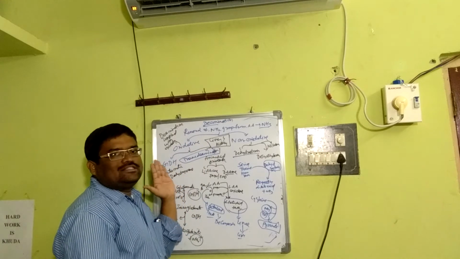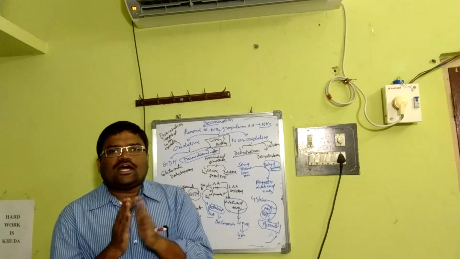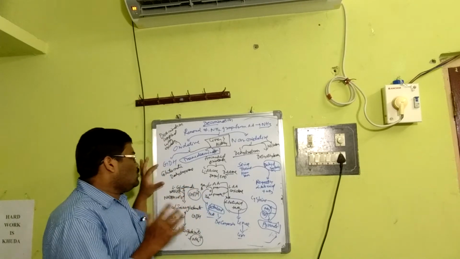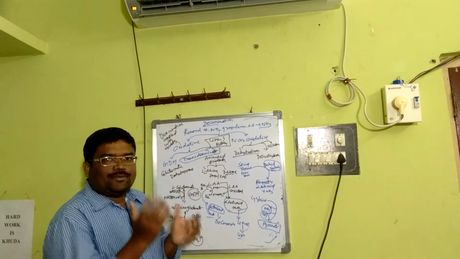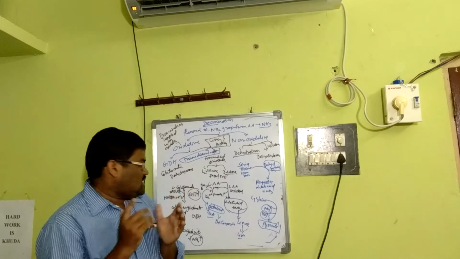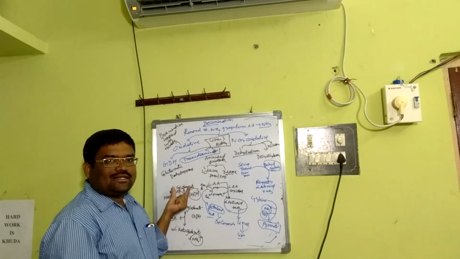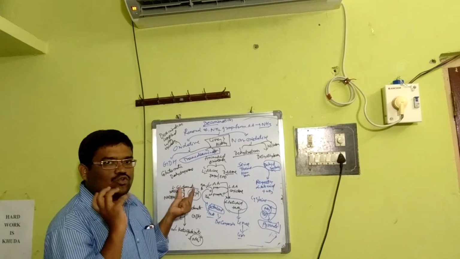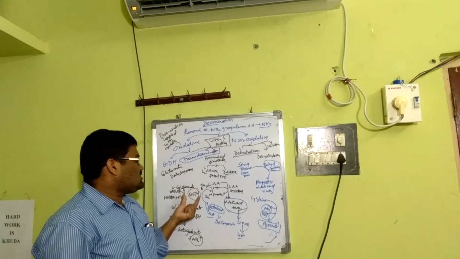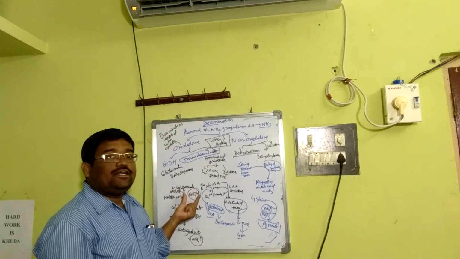Let us look into GDH, glutamate dehydrogenase. As the word implies, it is oxidation coupled with deamination. First take L-glutamate, the central core element. This glutamate is catalyzed by glutamate dehydrogenase.